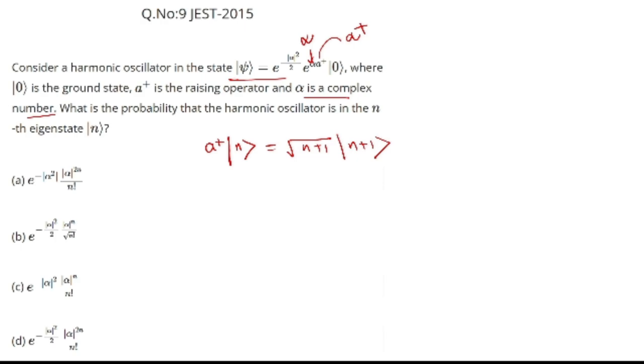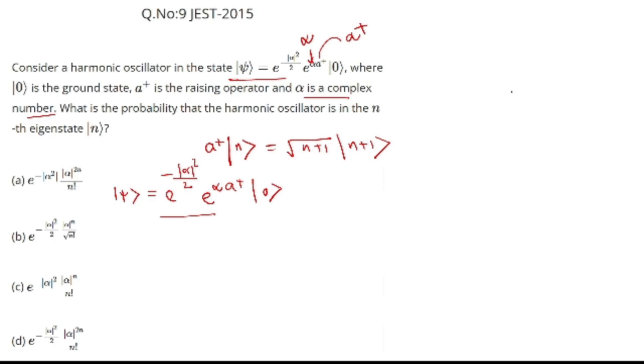It increases the level. Okay, now for this case, that is psi equals e to the power minus mod alpha squared by 2, then e to the power alpha A dagger, then the 0 state. So what will be the exact output for this state?